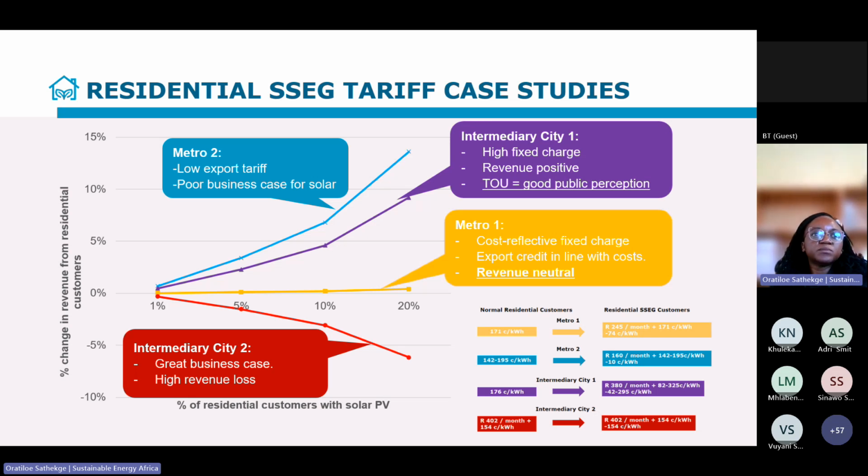This resulted in a revenue positive change for the municipality. So it means that over time, as is, the municipality would be making more money.